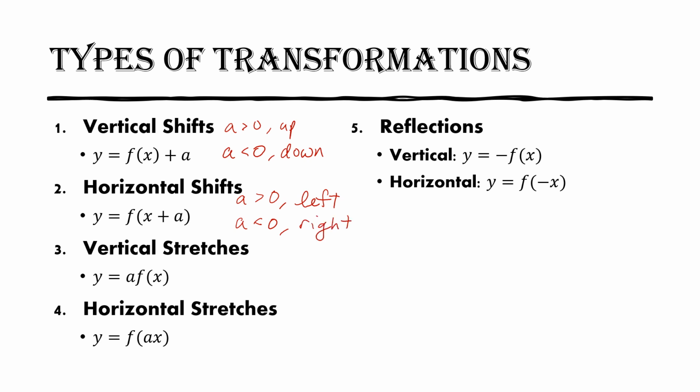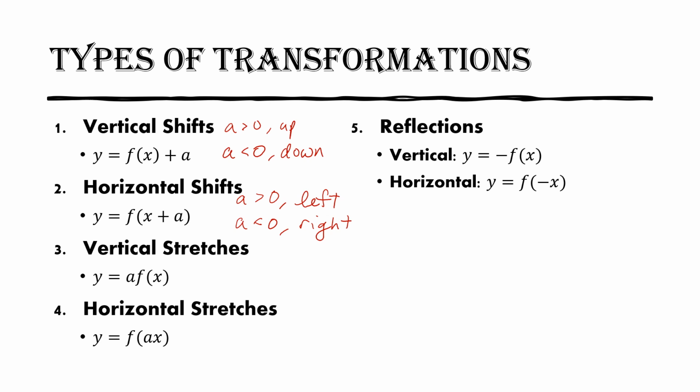Vertical stretches, again, you're taking each output and you're just multiplying it by the same number. So this either kind of made our graph skinnier or wider. But it's pretty intuitive as far as what the graph would look like.